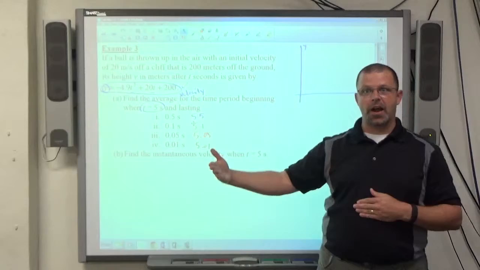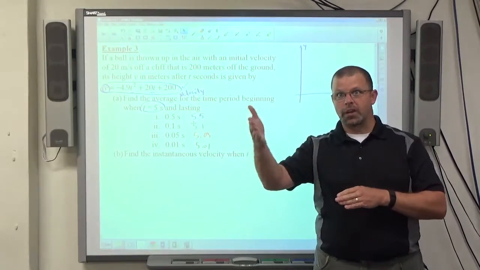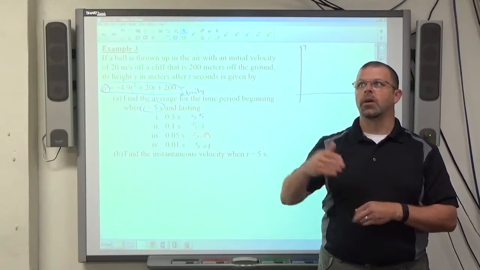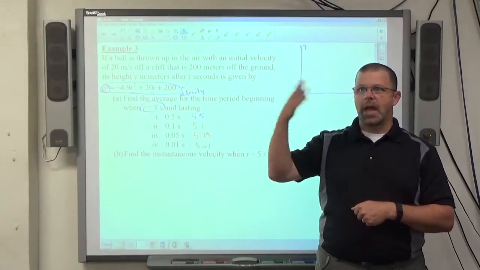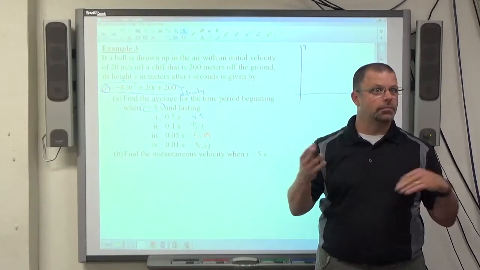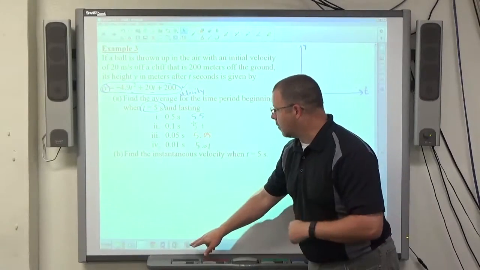What we did on Friday, we made a slope formula, right? Square root of x minus 2 over x minus 4, or x squared minus 4 over x minus 2, something like that. Well, here I'm just going to figure out what y equals for each of these.